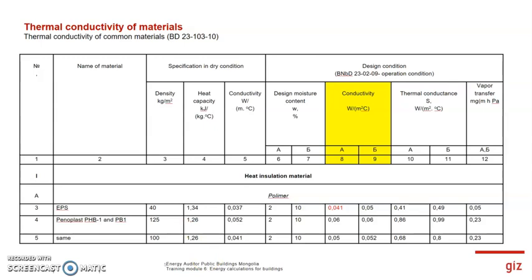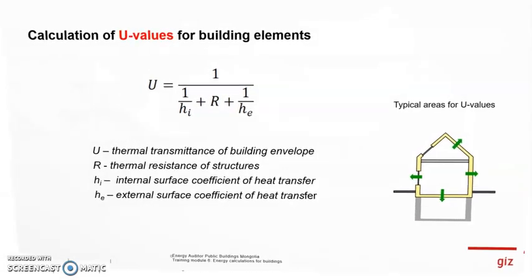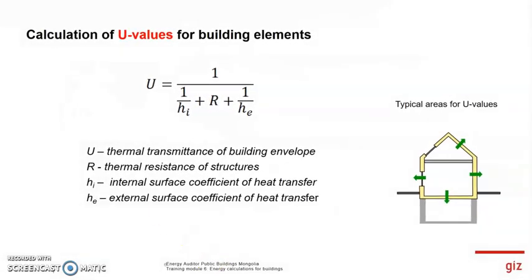So we also need the thermal conductivity to actually calculate the U value, which is the main focus on that lecture now. So what is the U value? It's the thermal transmission of the building envelope. So we are again on our 4 arrows here: roof, window, floor plate, and wall.